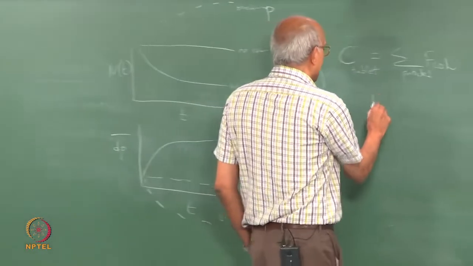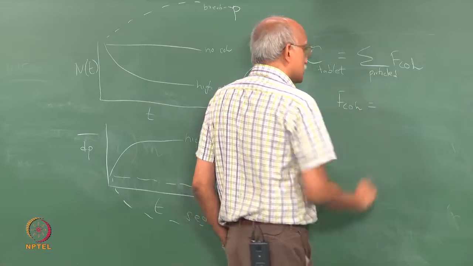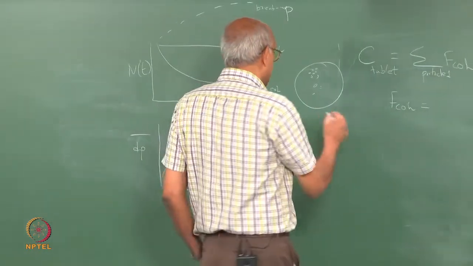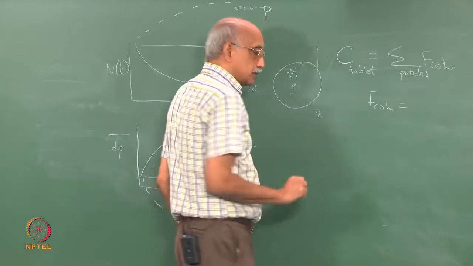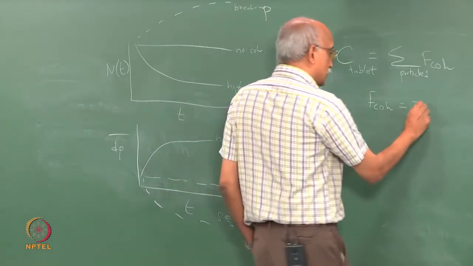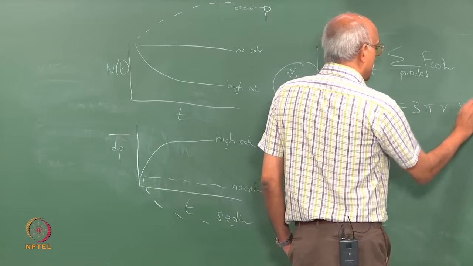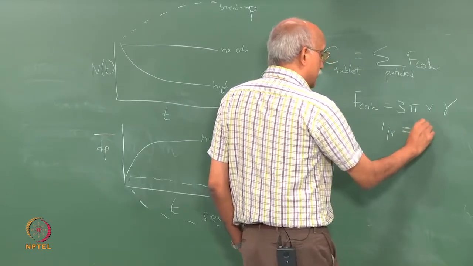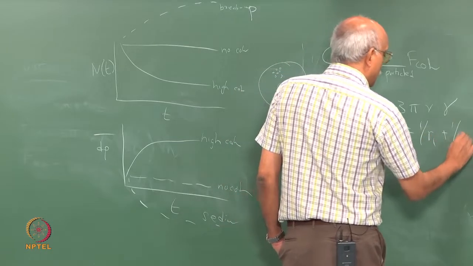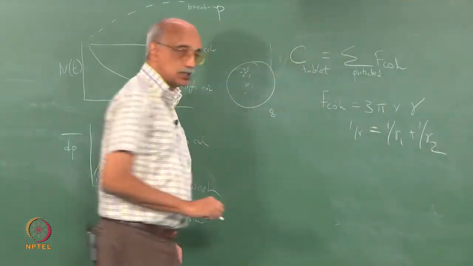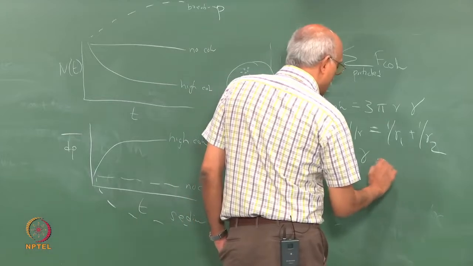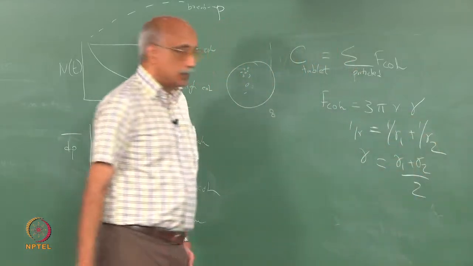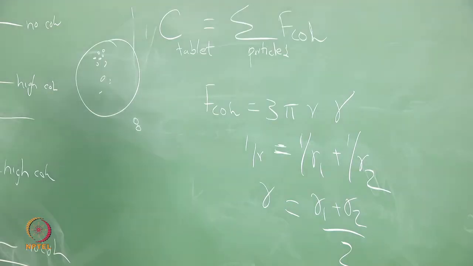Now, what is a simple expression for the cohesive strength of just pairwise particles? You can just write it as some 3 pi r gamma, where this r is a weighted radius of the two adjacent particles, and gamma you can simply write as (gamma 1 plus gamma 2) by 2, where these are surface energies.